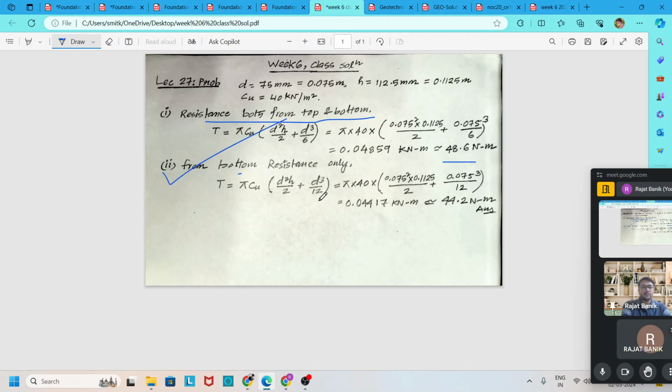The one change is d cube by 6, and for bottom resistance this term changes to d cube by 12, so it gives 44.2 Newton meter. We have to remember the difference in these formulas.